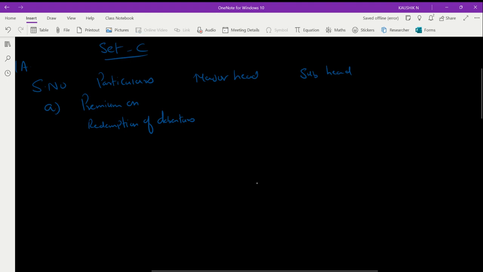So premium on redemption of debentures is a non-current liability. You mention it as liabilities. The next item, that is your subhead. It comes under other long-term liabilities.